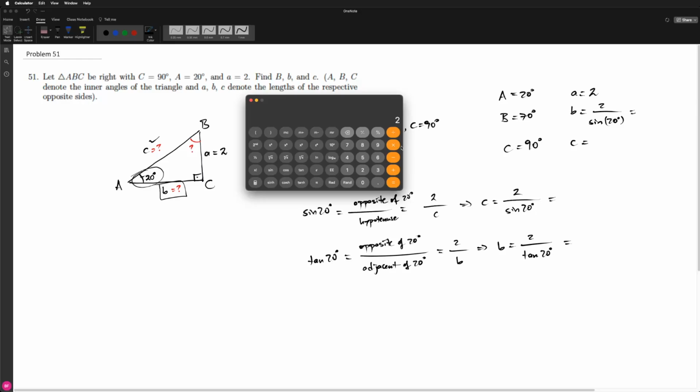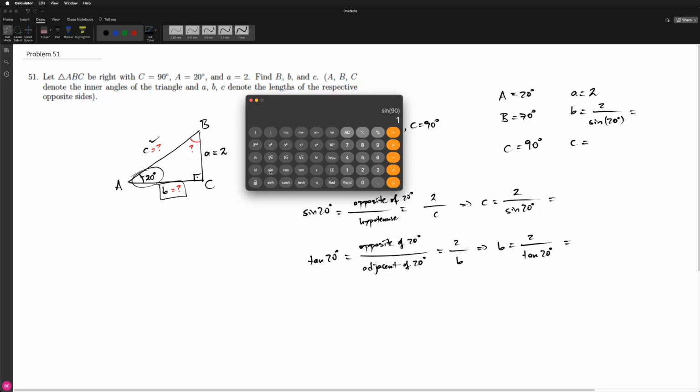So what is 2 over sine of 20 degrees? I don't know the mode of the calculator, so I'm going to put sine of an angle that I'm familiar with, maybe sine of 90, and I get 1.